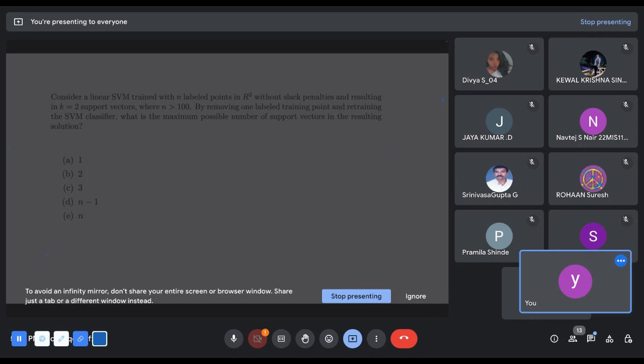So basically, you had n examples where you have only two support vectors. Sir, we are in 2D space only. Yeah, 2D space only.